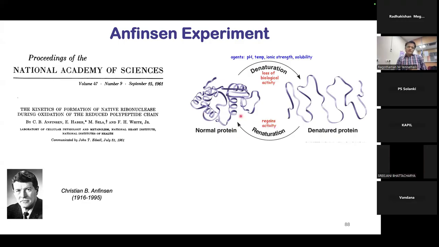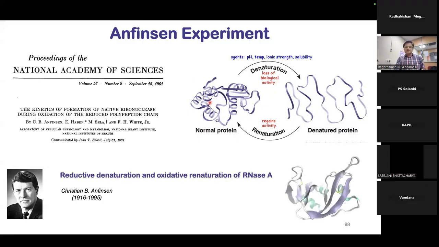What he found was that when he took this ribonuclease and denatured it using urea or high temperature, the protein unfolded and became a linear structure, the primary structure. Then after some time, when he removed the urea or the temperature, he found that the protein could fold back and the function was still available. So the denatured protein had no function, the normal protein had a function, but even after denaturation, it renatured and formed a normal protein.